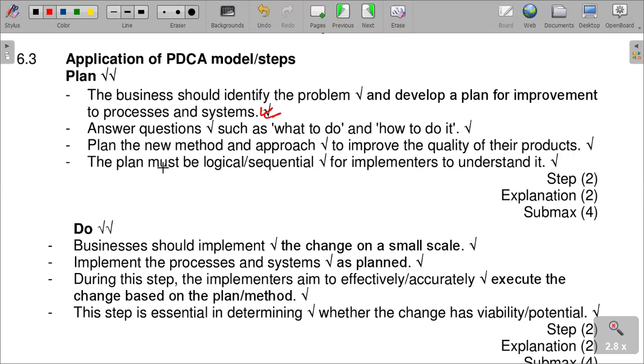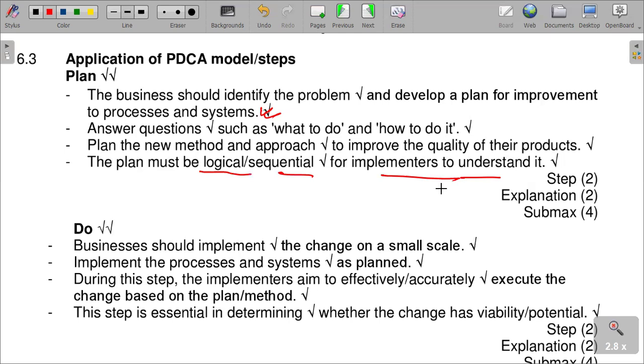You understand? And then the plan must be logical and sequential for implementers to understand it. There must be order for implementers to understand how the plan works in terms of the PDCA model, the plan do model.